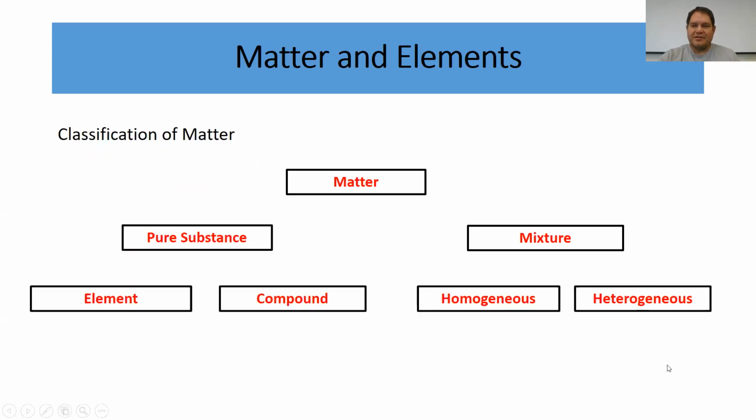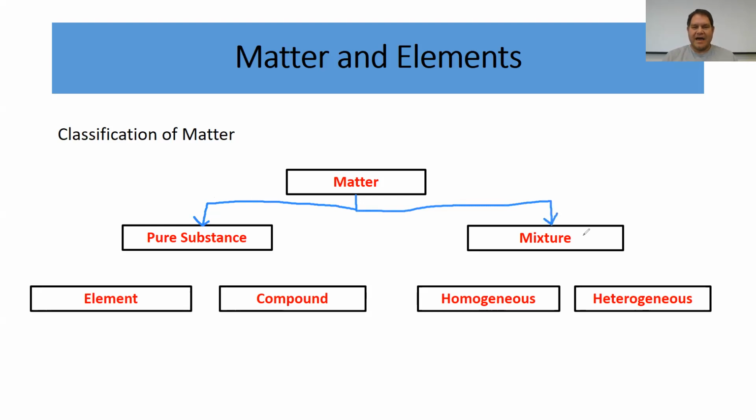All right, so matter can actually be classified. We can break it down into essentially two major classification categories, okay? So here we have matter overall, and matter can be broken down into pure substances, or they can be broken down into mixtures.